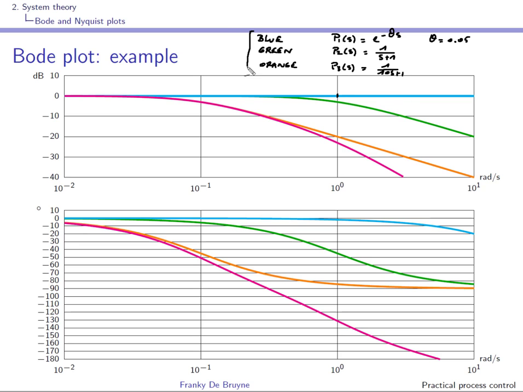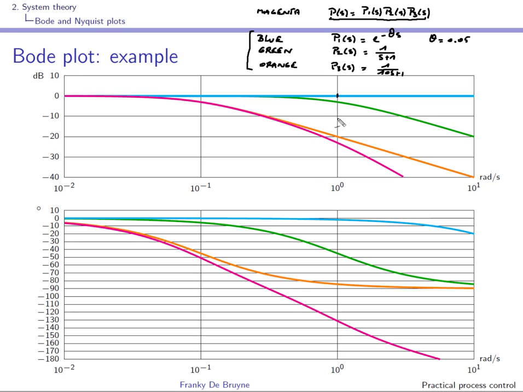And then you can kind of imagine what the Bode diagram is of the system here in magenta. Well, the Bode diagram of the system in magenta is P(s), and this will be the product P1, P2, P3, and this is really a so-called van der Grinten system.